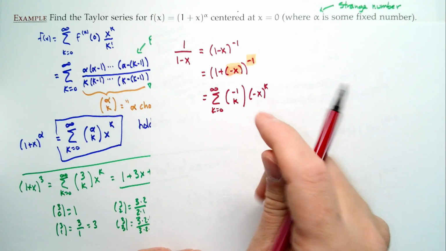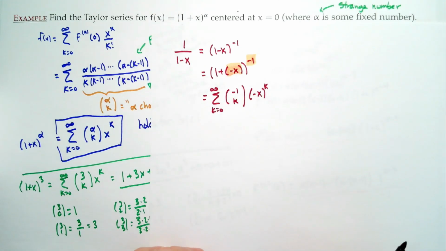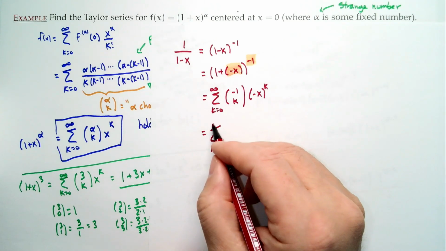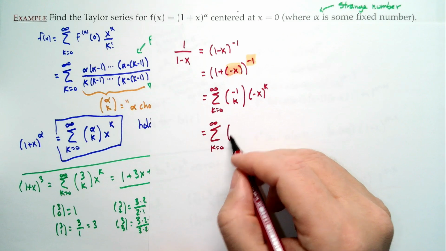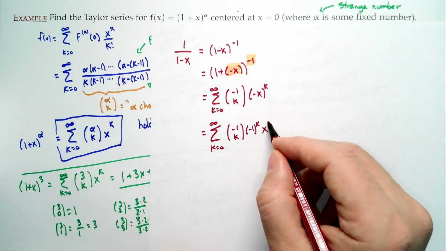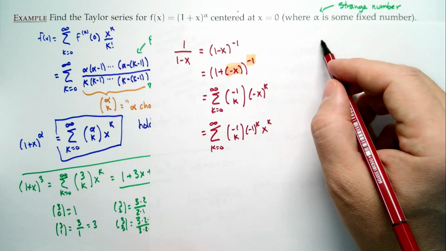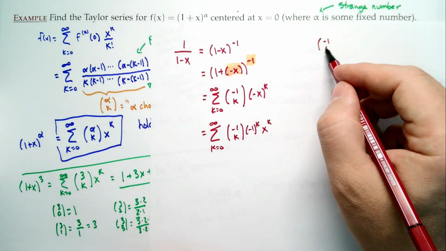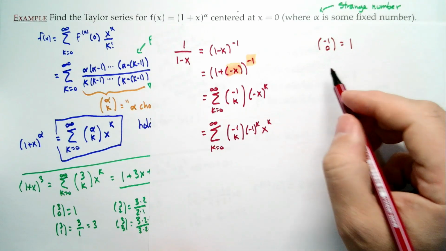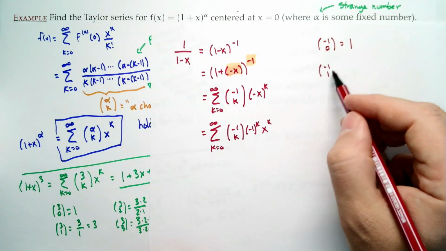All right, so now let's see if we can figure out what this should be. And hopefully it's not so bad, and it should be what we've seen before. So again, I'll do one more step before we try to simplify too much. So minus 1 choose k, and then there's negative 1 to the k, and x to the k. So let's try something. Minus 1 choose 0? Well, by convention, that's 1. How about minus 1 choose 1?